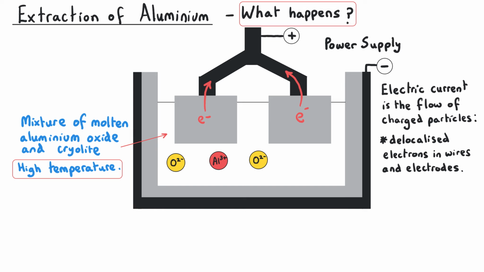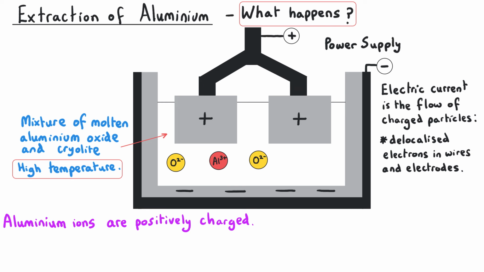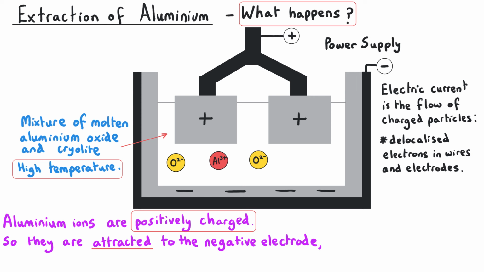And we can represent the positive and negative terminals of the power supply just by simple notation, as I'm showing here and here. But it's delocalized electrons that move through the circuitry and they build up on this electrode, which makes it negatively charged. The aluminium ions are positively charged, and so they are attracted to and move towards the negative electrode.